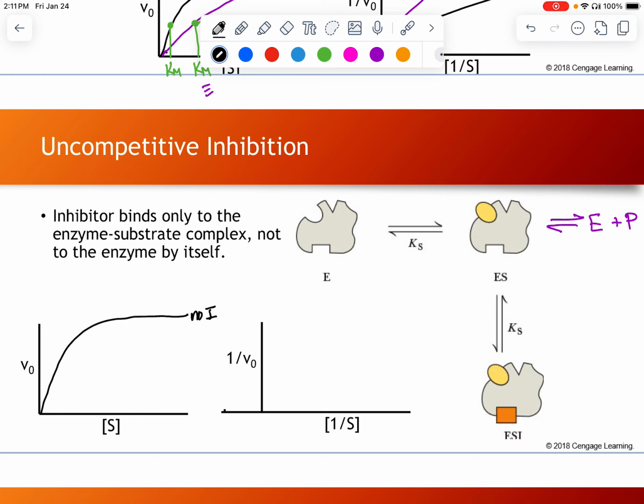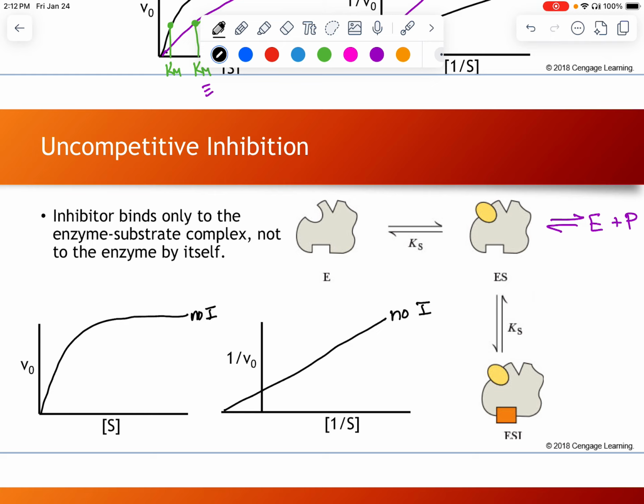And we would have something like this straight line plot for no inhibitor. All right, let's think about how this works. When the inhibitor, first of all, let's just think about the Vmax. That one's probably a little easier.